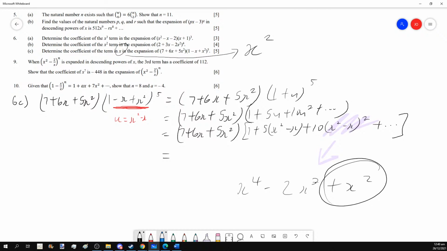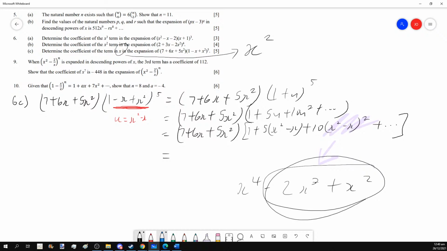And only these two guys over here will be relevant. Right? The x power 4 is completely unnecessary. We're only interested in this guy. Sorry, this is my bad. Because x power 3 is also overshot. The question only wants x squared.